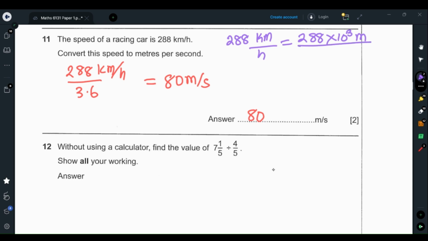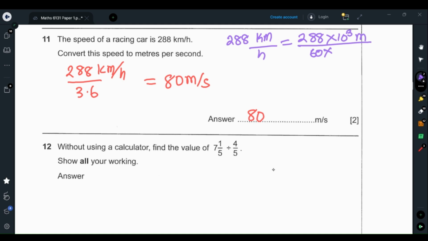So that kilo changes to 10 to the power 3. And then to convert hours to seconds, we need to multiply 1 hour by 60. Well, 1 hour is equal to 60 minutes, and converting 60 minutes to seconds, we know that 1 minute is equal to 60 seconds.